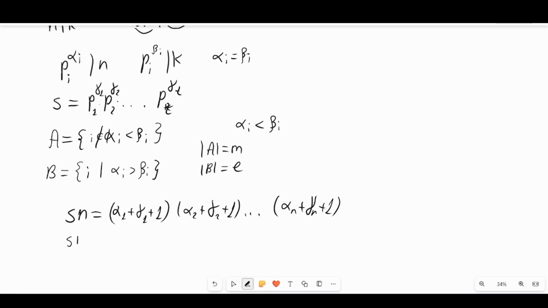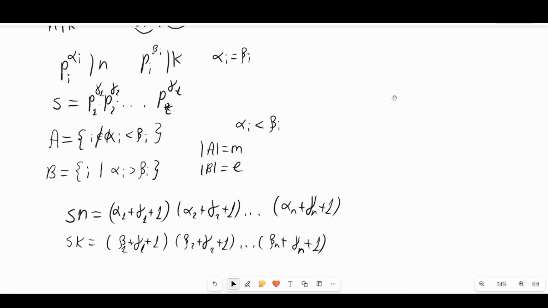And for s times k, that would be beta 1 plus gamma 1 plus 1, times beta 2 plus gamma 2 plus 1, all the way up to beta t plus gamma t plus 1.